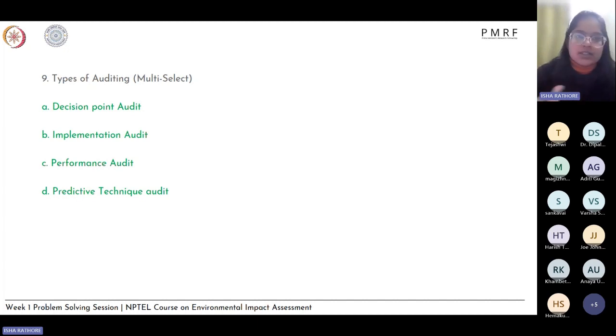And the audit can be all these different types, like you look at the decision points and see whether all the decisions were correct or wrong, and what outcomes were achieved when this decision was made, and whether this decision can be used in a similar type of project. In implementation audit, you look at how the EIA process and the construction were implemented, and how feasible it was.